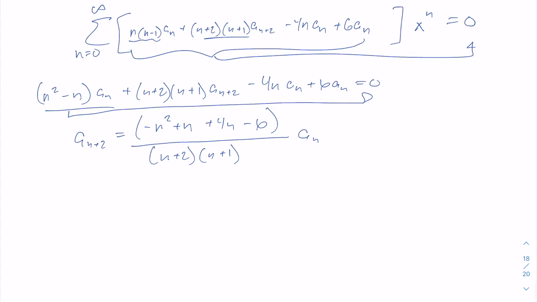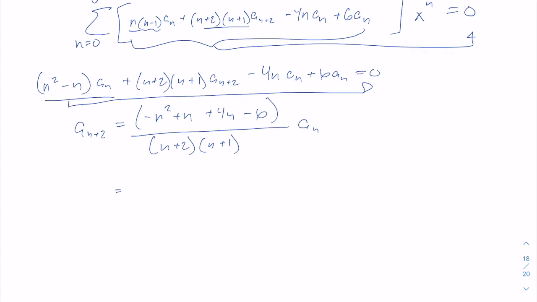Okay. Now how does that work on the top here? Let's factor out a minus sign. That'll make our factoring go a little bit better. Minus n squared.